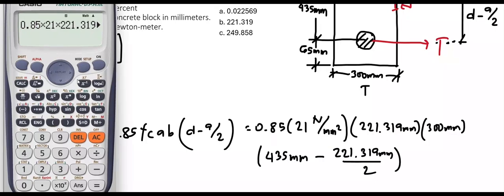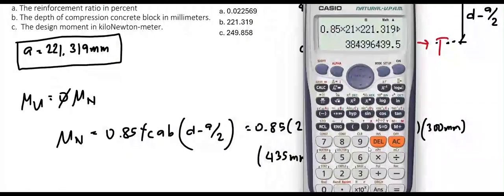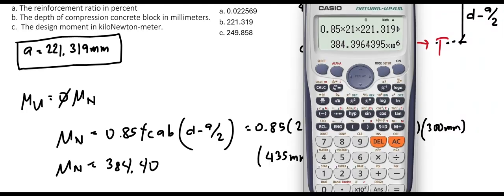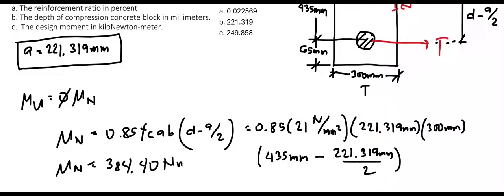So we have 0.85 times 21 times 221.319 times 300 times 435 minus 221.319 over 2. This is equal to 384.4 Newton millimeters. Also, this is multiplied by 10 raised to the 6.